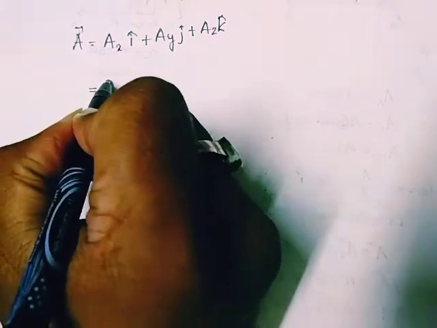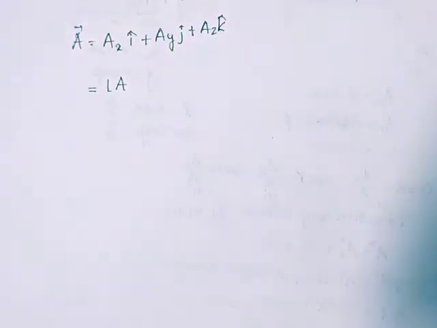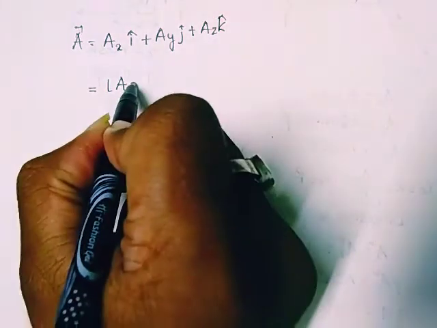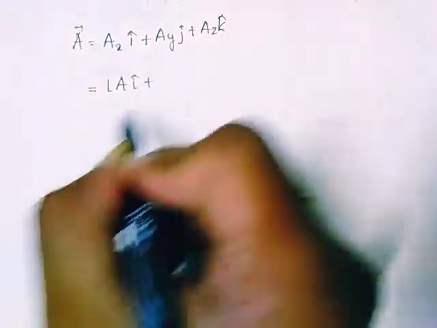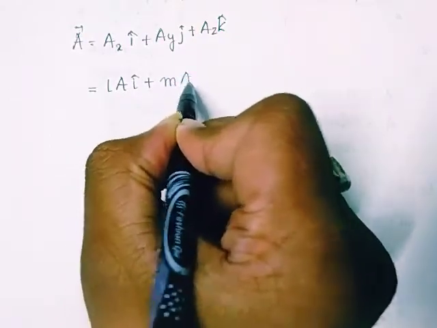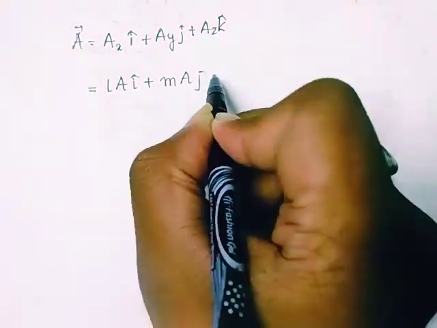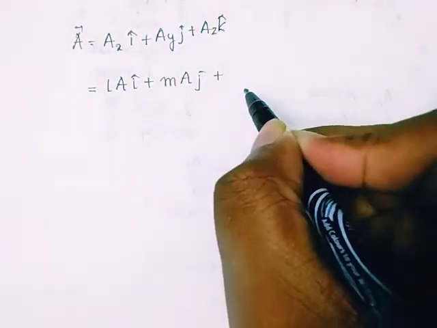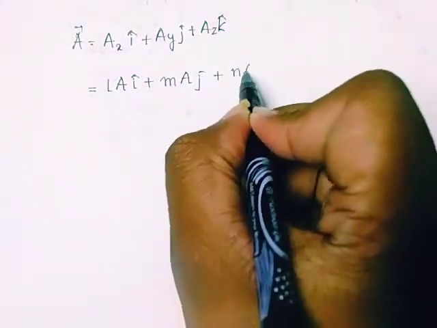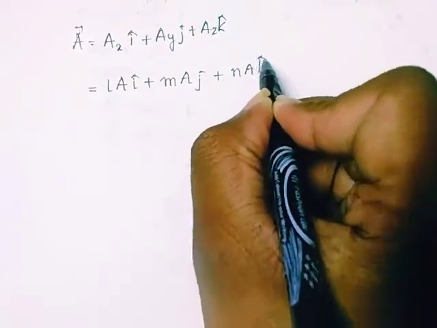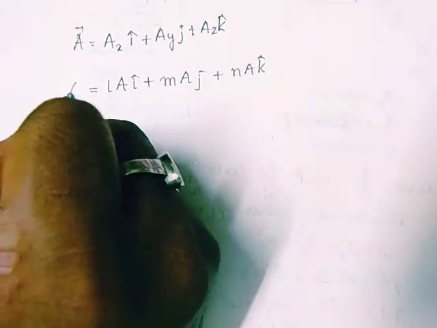So you can write this as ax equals L capital A, times i cap; ay can be written as M capital A, times j cap; and az can be written as N capital A, times k cap. This is the a vector.